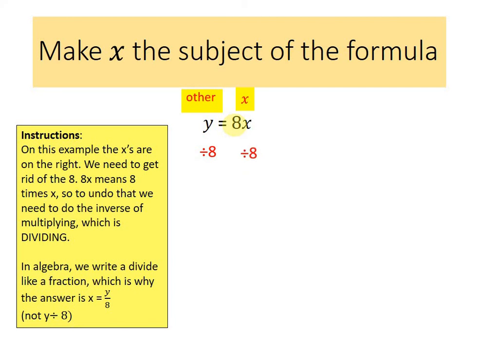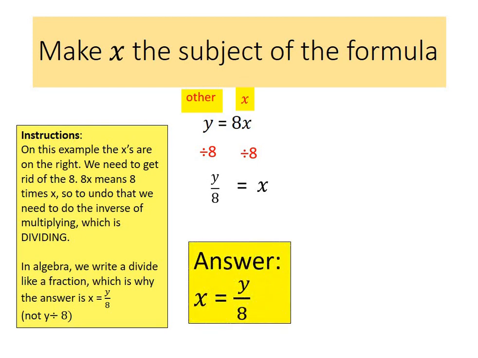In algebra, when we write divide by 8, we write it like a fraction, so this becomes y divided by 8. So y over 8 equals x, because the divide by 8 has cancelled out the multiply by 8. You can write this either way round. So my final answer can be x equals y over 8, or I could have it as y over 8 equals x.